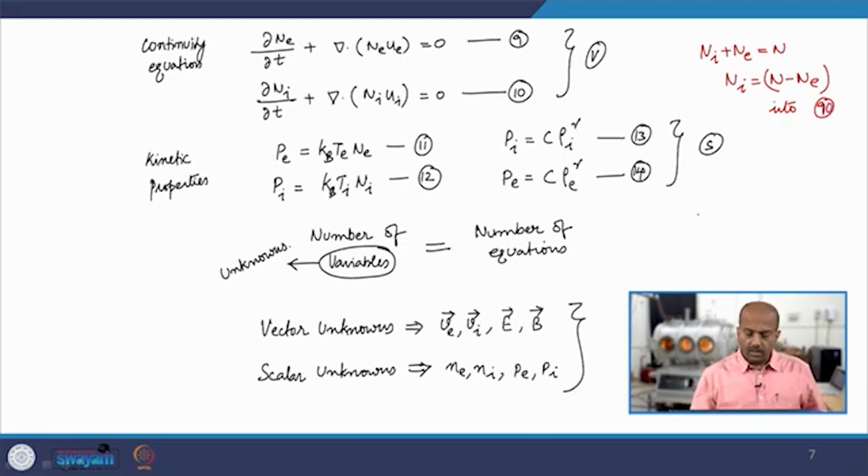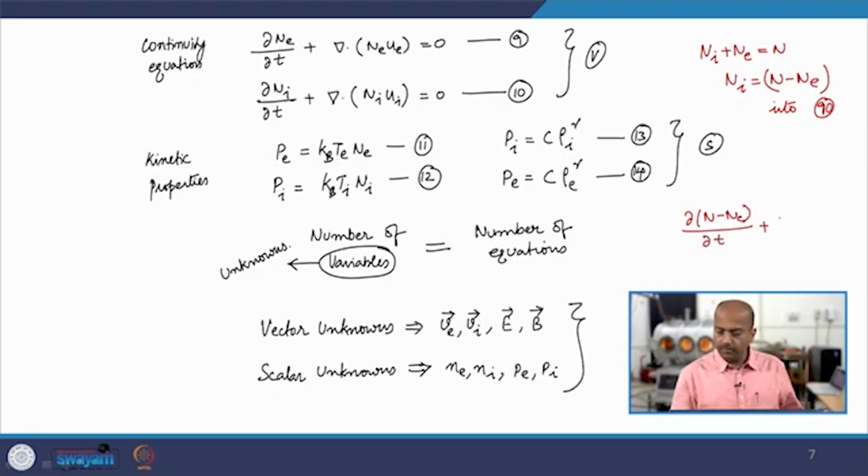What we will get is dou of n minus Ne by dou t plus del dot of n minus Ne times u i is equal to 0.